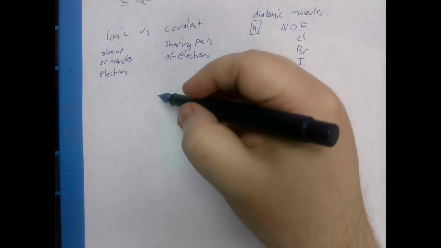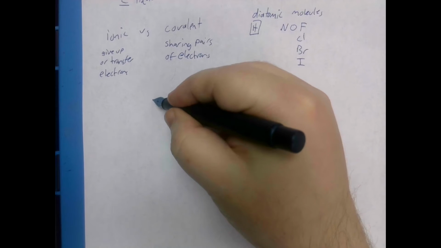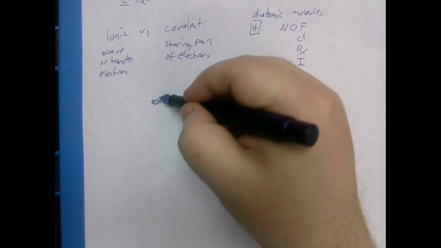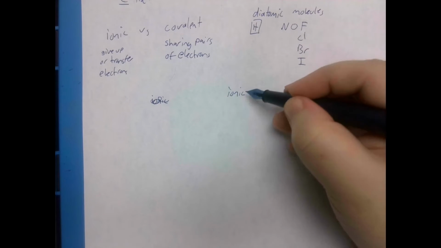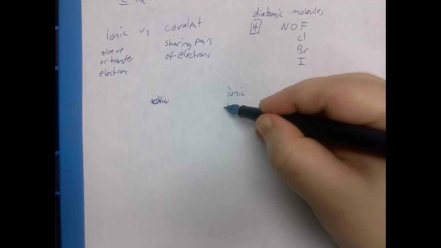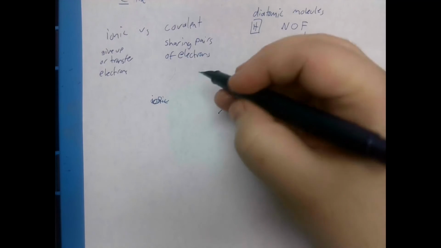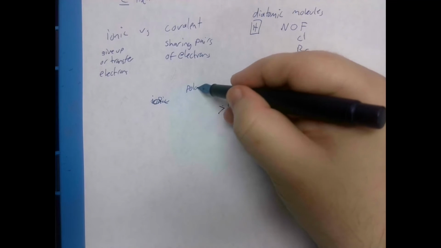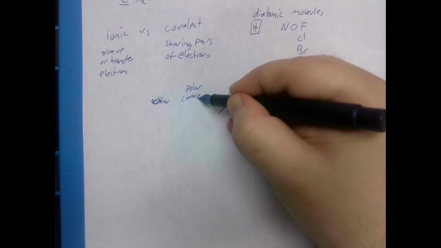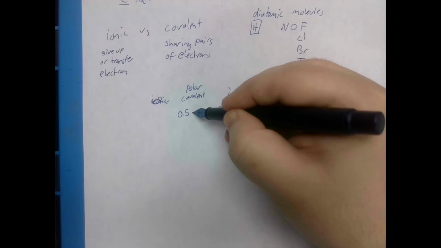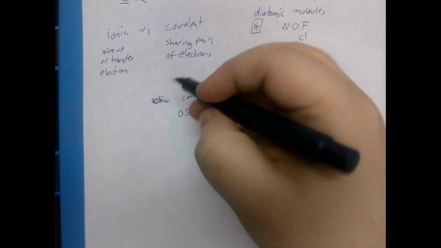Whenever 2 elements mix together, you should be able to predict if it's ionic. So if it's ionic, the EN difference will be greater than 1.7. Polar covalent. That's where it's 0.5 up to 1.7.